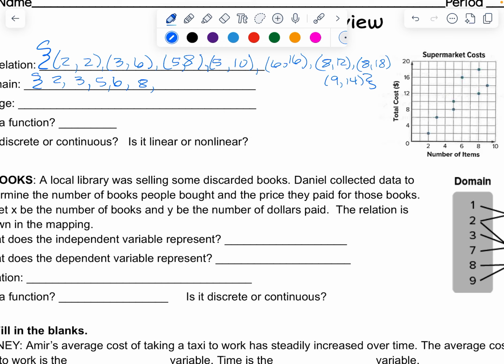Okay. 5, 6, 8, and 9. Much better. And then we've got 2. We've got 6. We've got 8, 10, 12, 14, 16, 18.